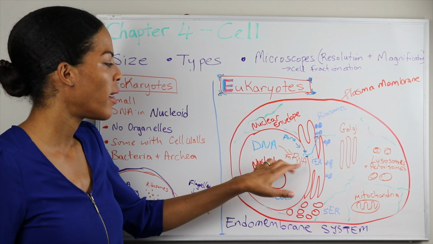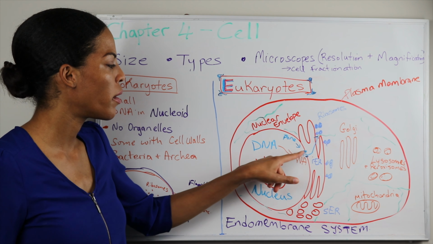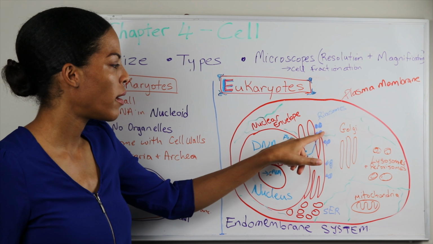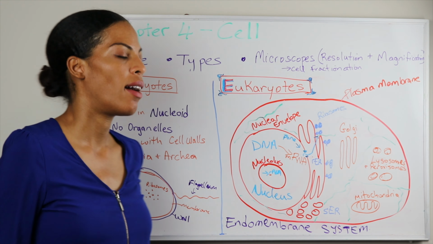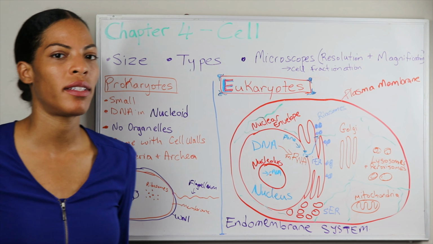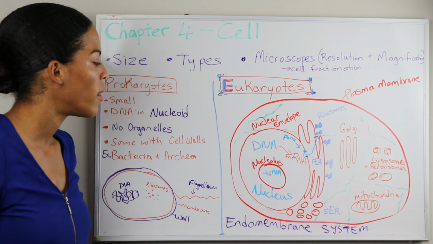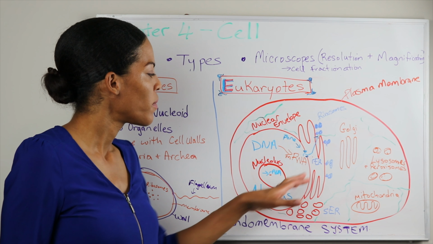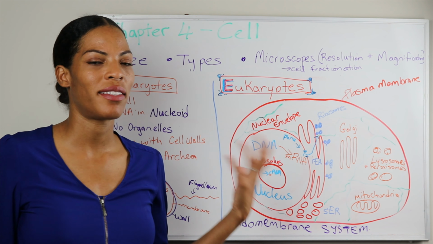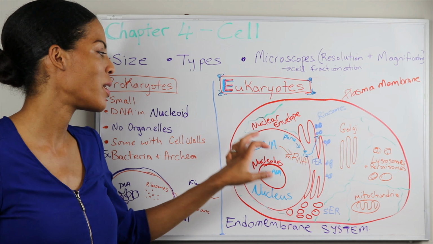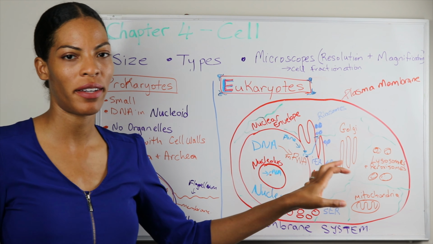Messenger RNA leaves through this nuclear pore and goes out here to the ribosomes and codes for the proteins that you need for the cells in your body to work. Now, outside of the nucleus, this is one organelle. There's a lot going on in the nucleus. This is what controls everything out here.